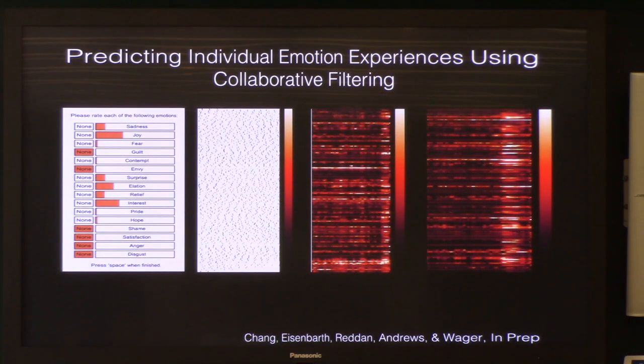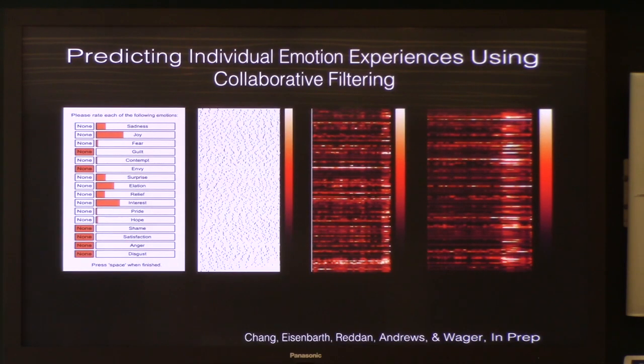How we are trying to solve this is with something really popular in the tech industry: collaborative filtering algorithms, which are the crude engine that drives Spotify and Netflix and Amazon, and how they find our preferences. Every row here is a subject, a couple hundred subjects, and we sparsely sample how they're feeling at random.